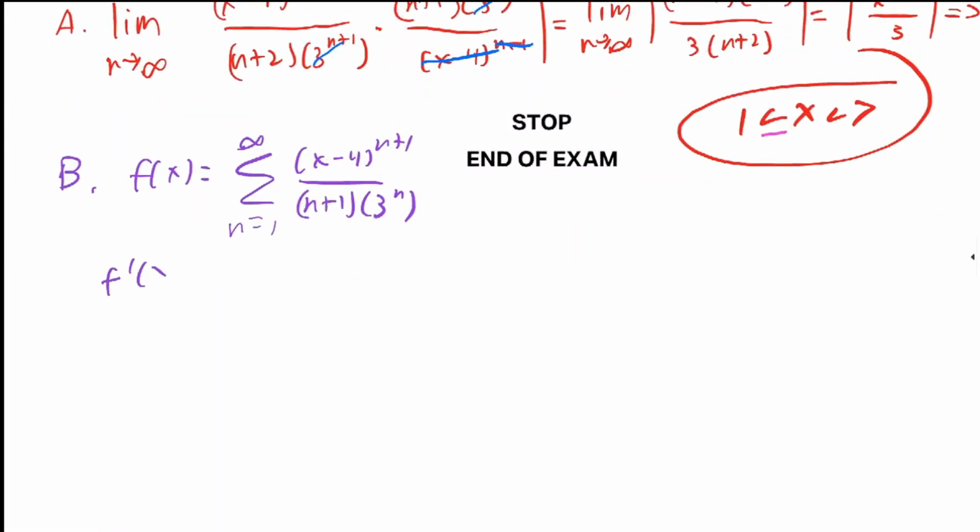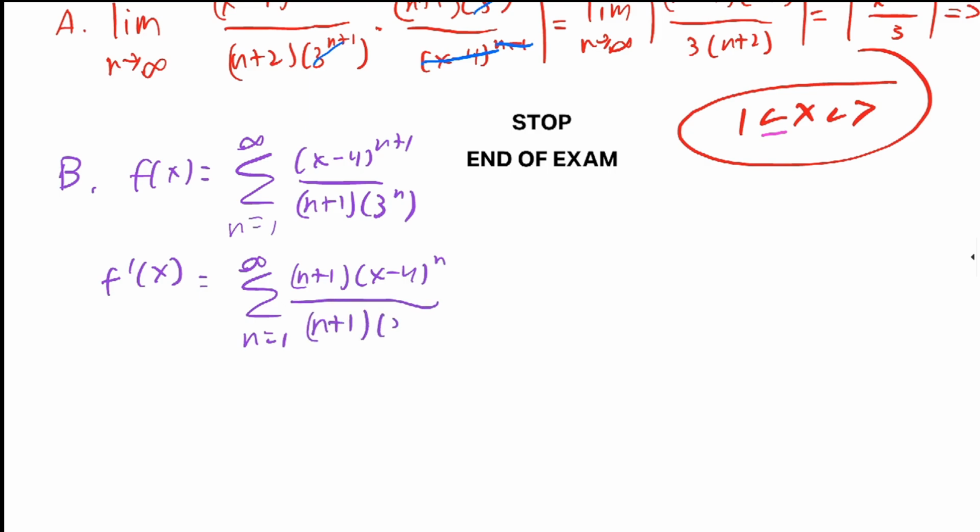For f prime, we just apply the rules inside the summation. It's the same sum. Now just take the derivative of this with respect to x. So it'll be n plus 1 times x minus 4 to the n, right? That's the power rule on the top. And everything on the bottom just stays there. There's no x's on the bottom, so there's nothing to worry about. Okay, so that's f prime of x. For the first 3 non-zero terms, you would just plug it in.